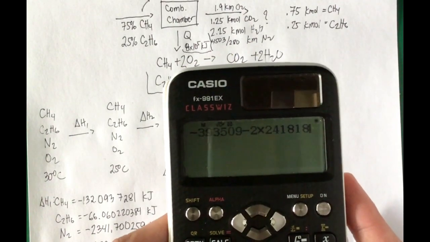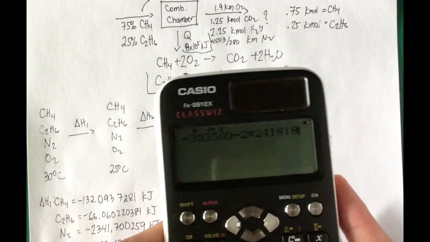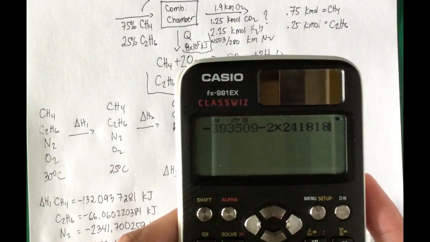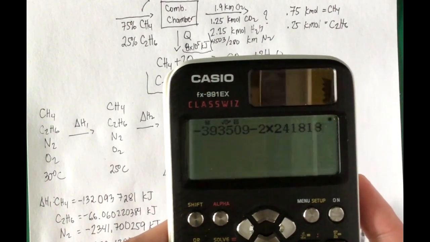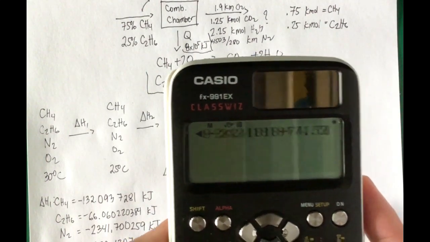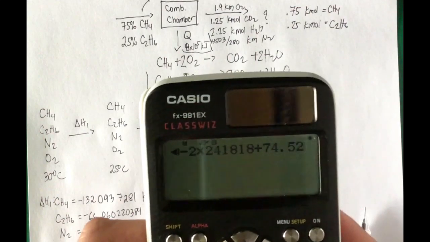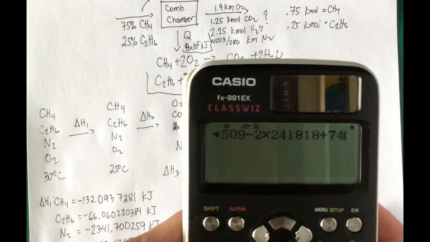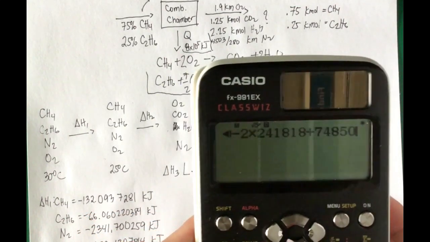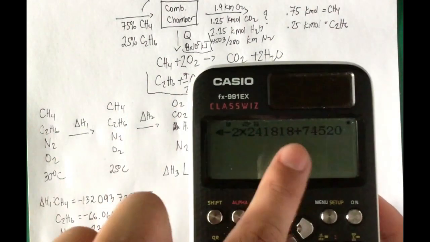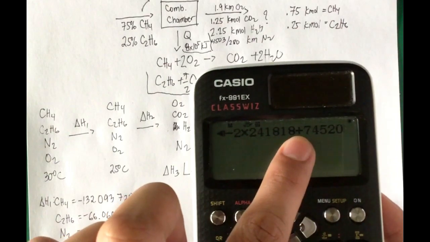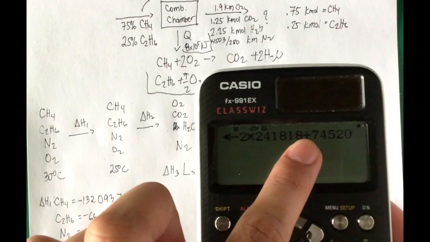Then we're going to subtract the delta HF of CH4, which is 74.52, so 74,520. Sorry, 520. Now, as you can see, this is plus instead of minus because the delta HF of CH4 is negative.